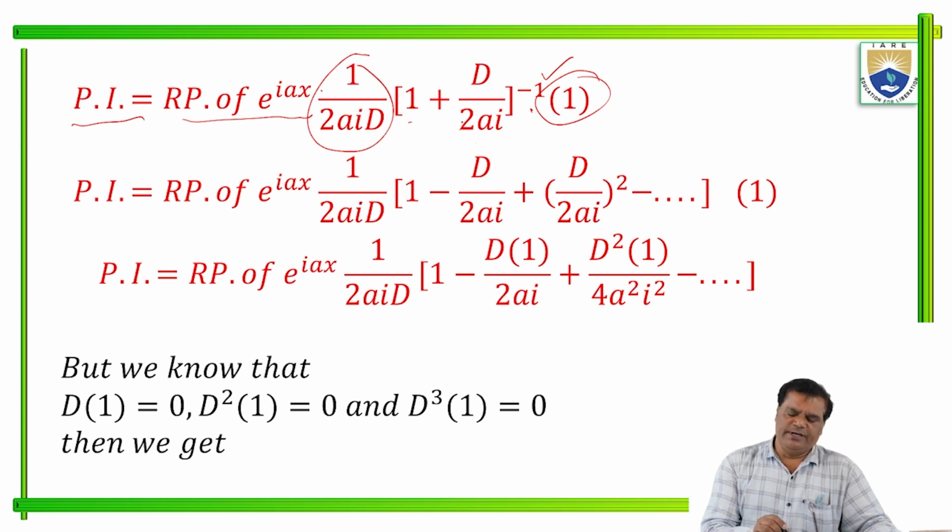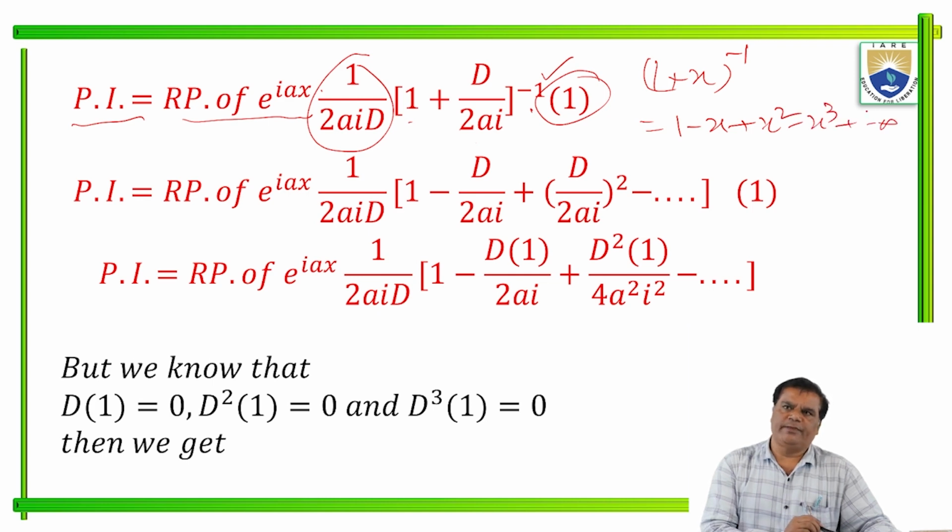This is a binomial, 1 plus x to the power minus 1. We write it as 1 minus x plus x square minus x cube, and so on up to infinity, with alternating signs. So the real part of e to the power iax into 1 upon 2aid, times 1 minus d upon 2ai plus (d upon 2ai) whole square and so on. Now this constant function is taken inside the bracket, where d is the derivative with respect to x.